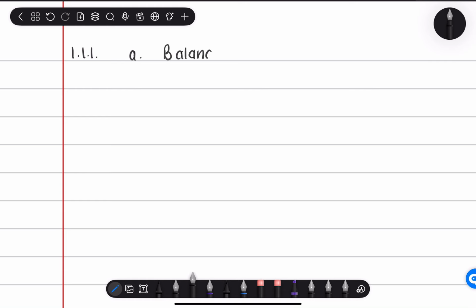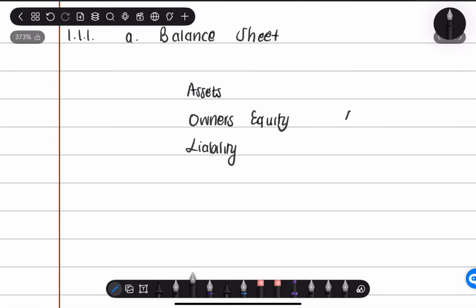A balance sheet basically gives us our assets, our owner's equity, and our liability. Very similar to our accounting equation, which says assets is equal to owner's equity plus liability. So this is your balance sheet.